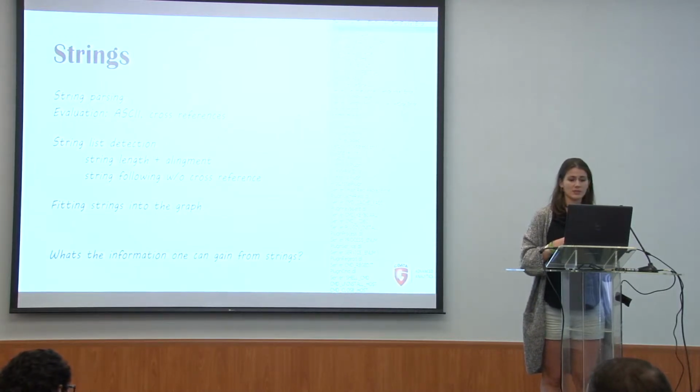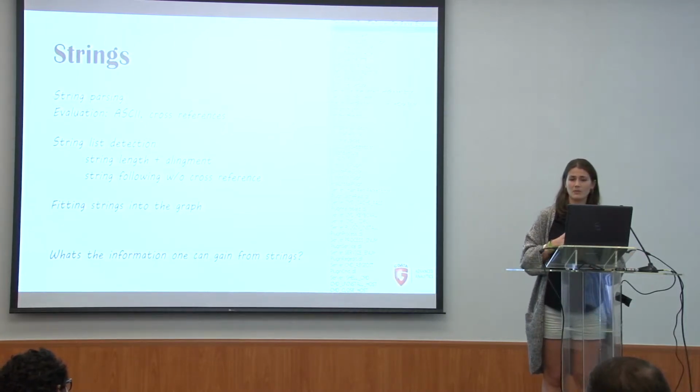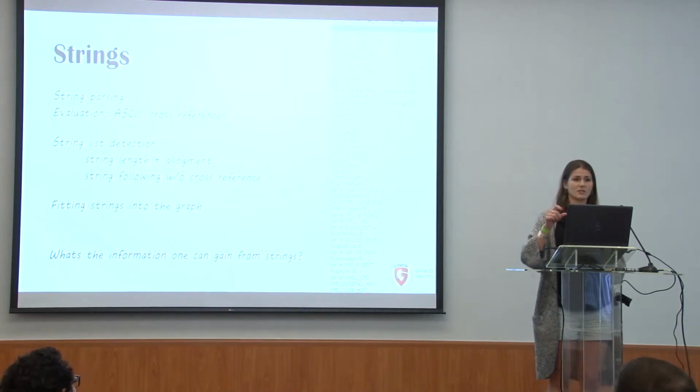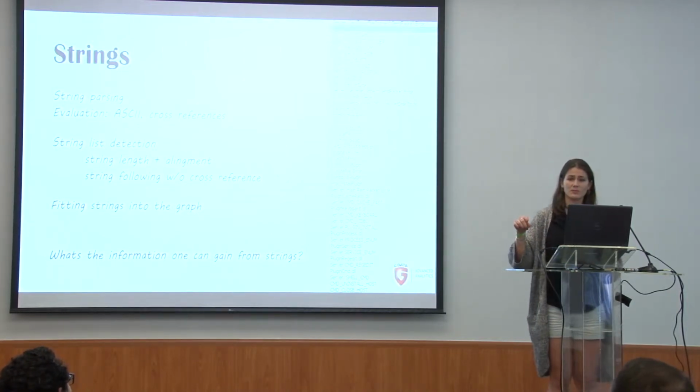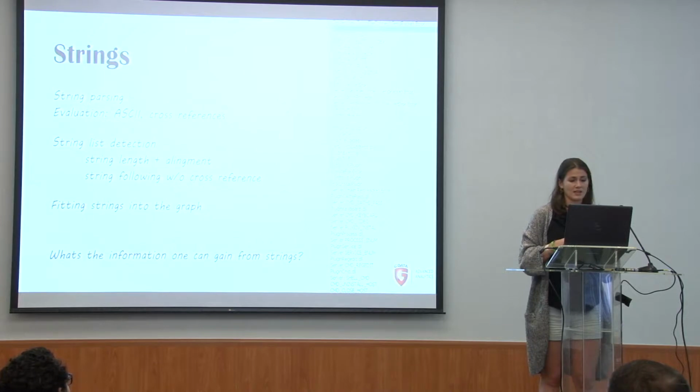Yeah, and what's the information one can gain from strings? As you can see, you can read them, you can think about them, and you can come to a conclusion. But there's also more information you can get out of there. You can see, for example, that one string is used in a lot of different nodes. You can see that one string that's very long is potentially not used in any node. You can see that these strings have a certain language. So for example, English or not English or Chinese or whatever.